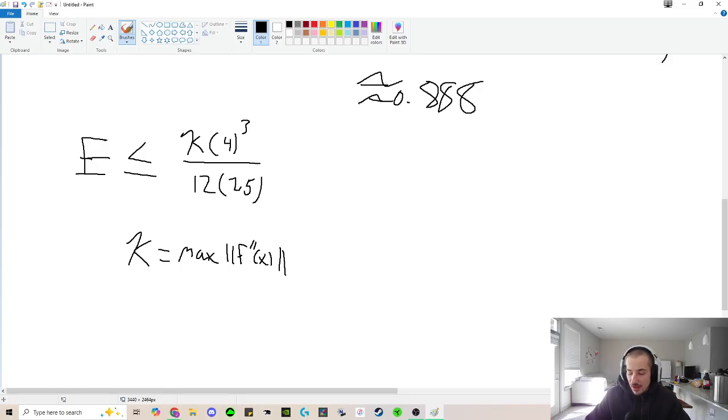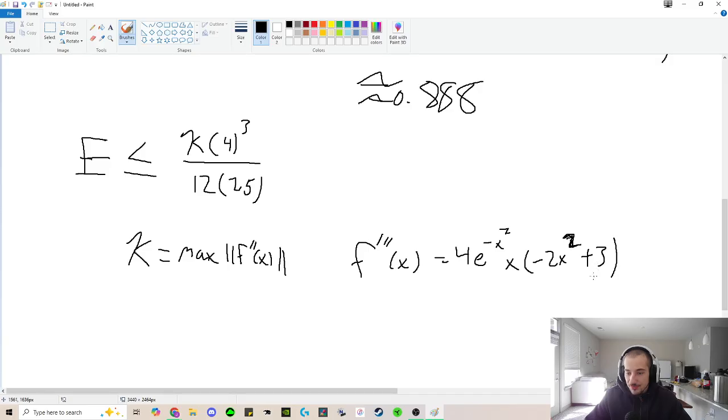So I'm not going to bore us with the details, but the third derivative of f, f triple prime of x, is going to be 4e to the negative x squared times x times negative 2x squared plus 3. If you were to compute this, that is what you would get.